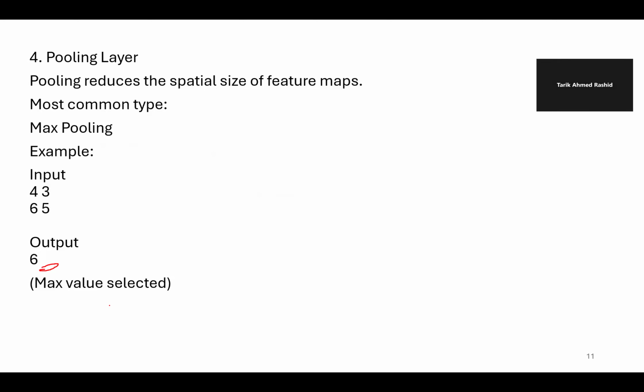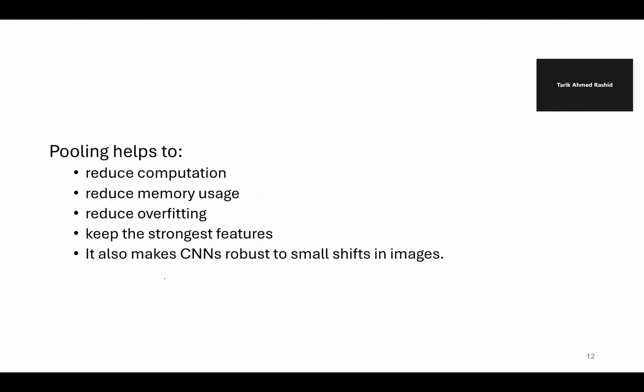So that is reducing the complexity of computation. Again, we said reducing computation, reduce memory usage, reduce overfitting, and keeps the strongest features. It also makes CNN robust to small shifts in images.